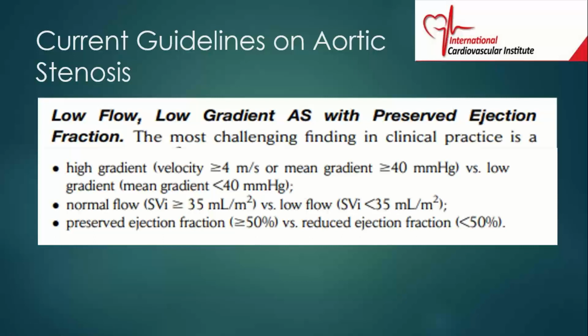If the ejection fraction is reduced, we do a dobutamine stress test to distinguish those who have true aortic stenosis from those who have pseudo aortic stenosis. All right, so let us stop here.